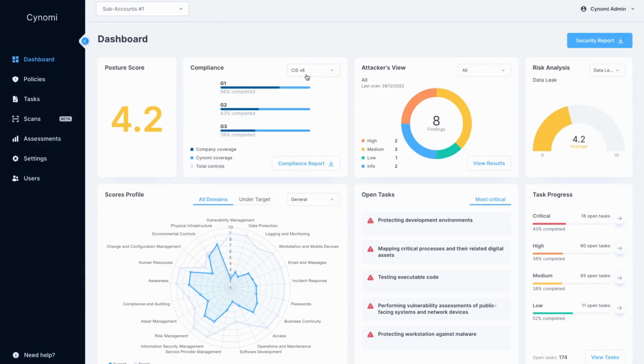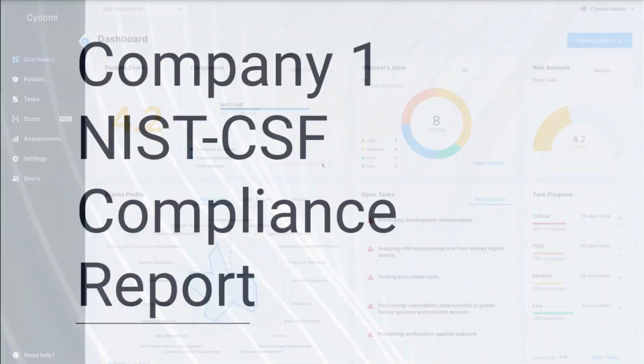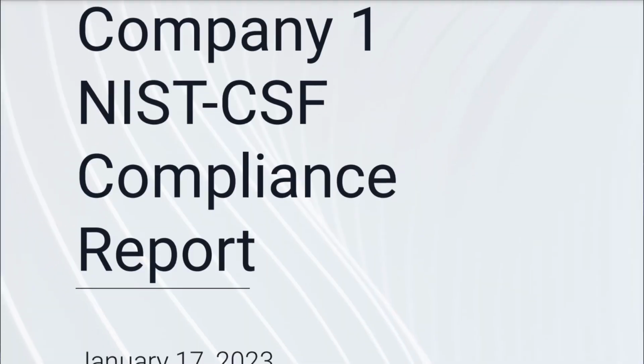Cynomi presents the client status against various compliance and security frameworks, such as NIST SSDF, NIST CSF, SOC 2, and CIS version 8. So you can easily understand where you stand and what gaps need to be closed in order to comply with different frameworks. Easily navigate between different frameworks and download a dedicated compliance status report per client.